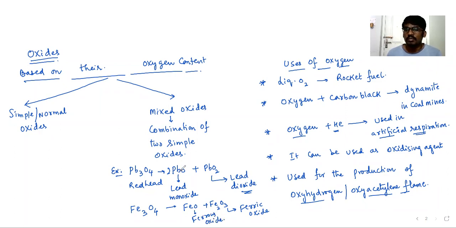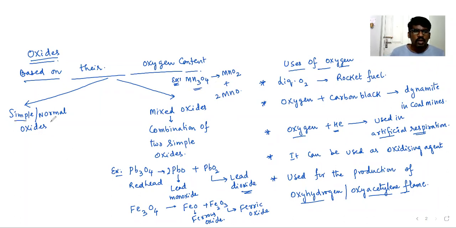It is an example of a mixed oxide. Similarly, I'll write one more example here on the top: Mn3O4, which is a mixed oxide consisting of MnO as well as MnO2. Both these simple oxides, MnO2 as well as MnO, give a mixed oxide, that is Mn3O4.